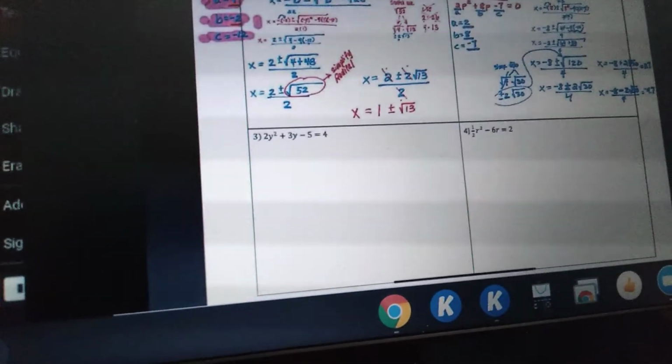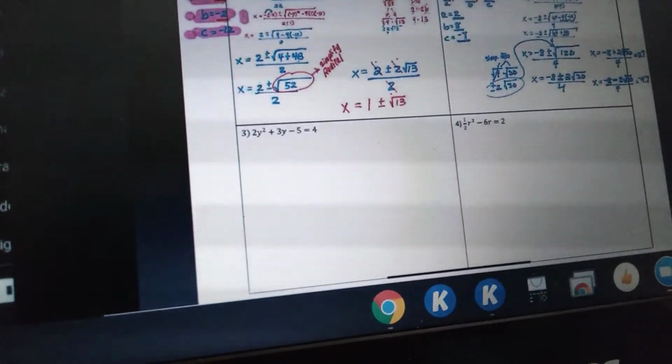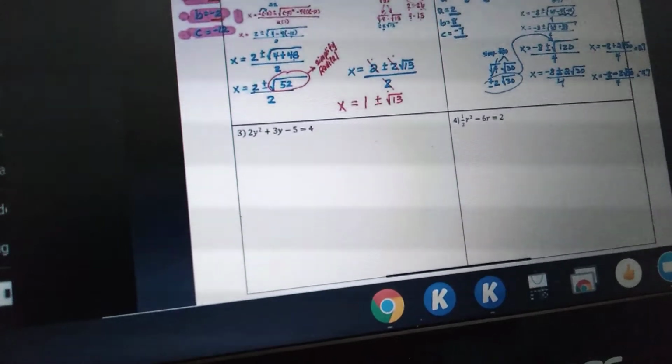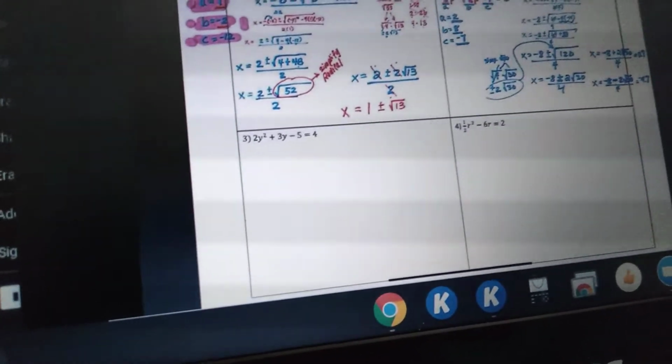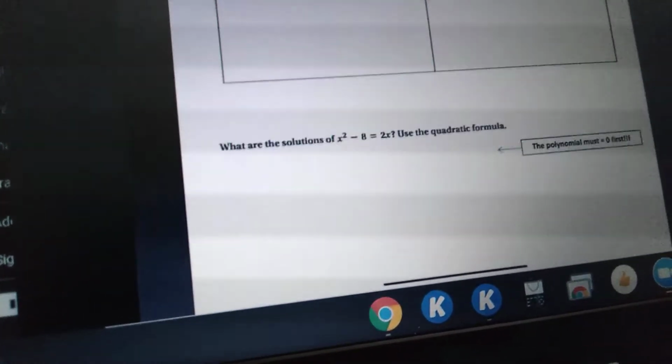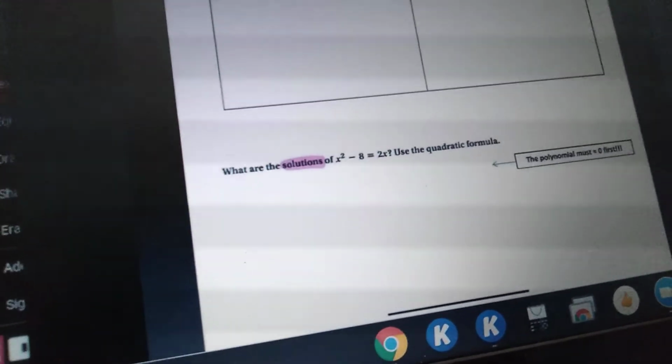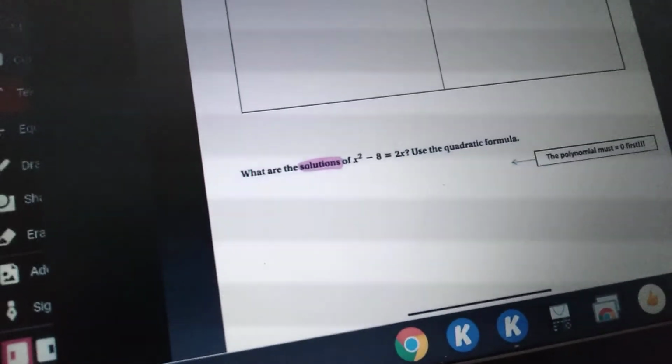Now, I want to look at, let's see here. So, I'm going to skip this one. We have 10 minutes. What are the solutions? So again, when they say solutions, they're looking for your x value. Solve for x, where y is 0.